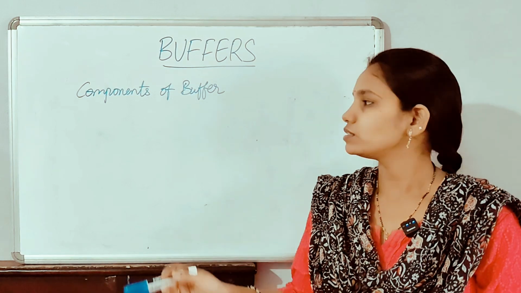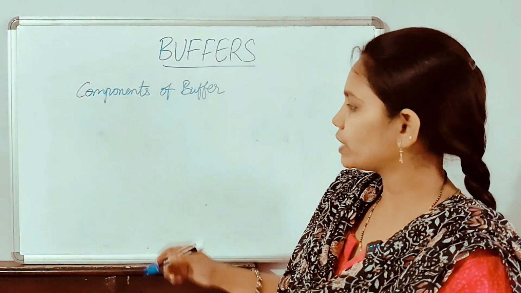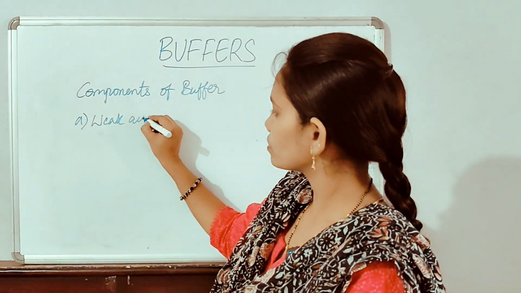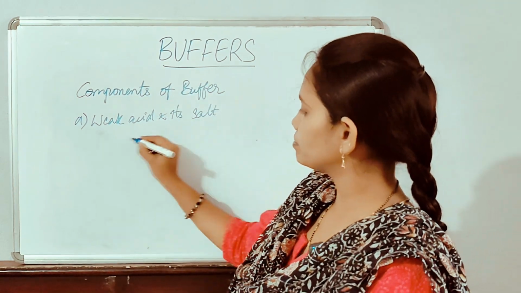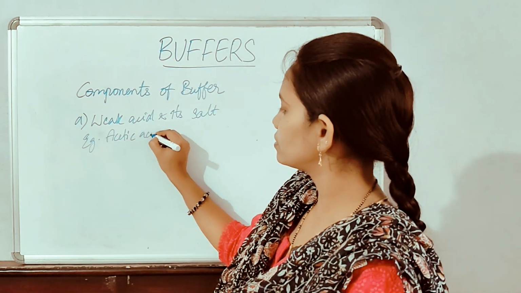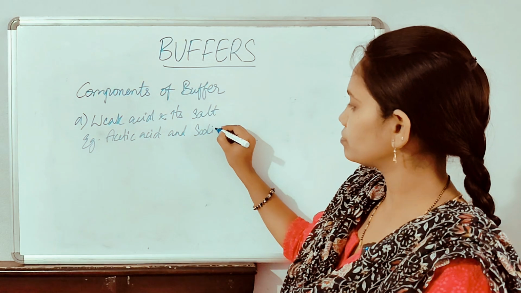Let's learn about the components of buffer. A buffer usually contains a weak acid and its salt. Example, acetic acid and sodium acetate.